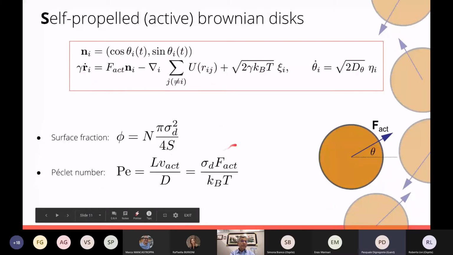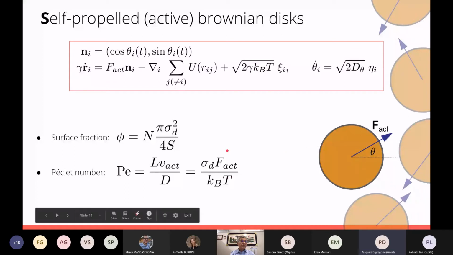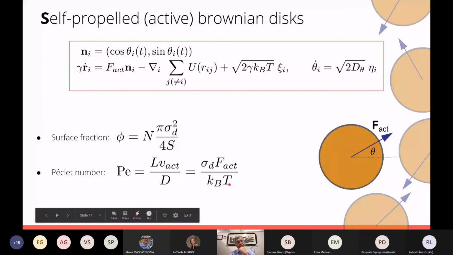So in the end, the only way we can tune the strength of the self-propulsion of these disks is to increase or decrease the magnitude of the active force, given that the temperature of the bath is constant.